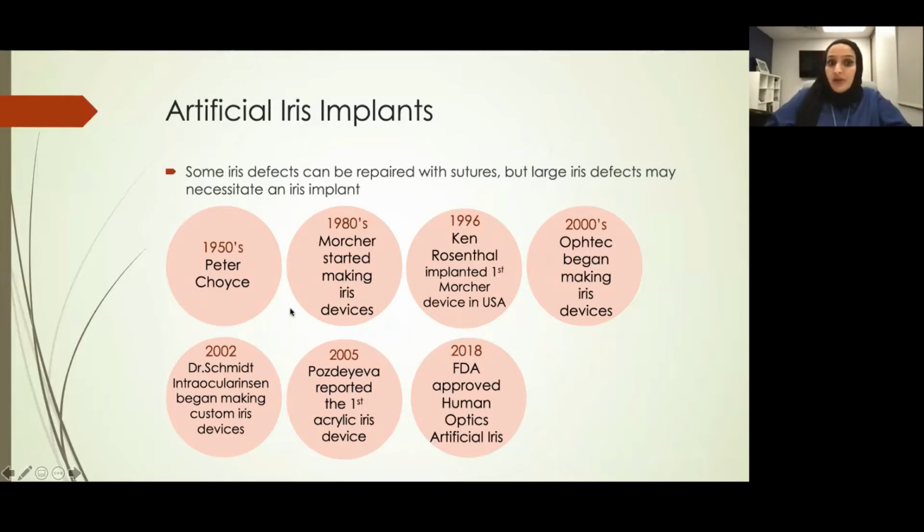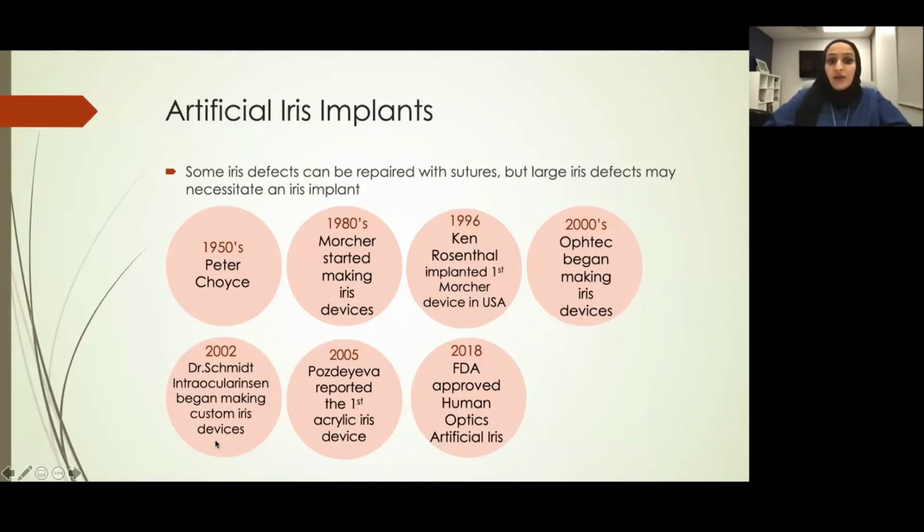Just going through the history, Peter Choice is the first person who introduced the thought of a prosthetic iris in 1950. In 1980s, Morcher started making iris devices. In 1996, Ken Rosenthal implanted the first Morcher iris device in USA. In the 2000s, Oftec began making iris devices.